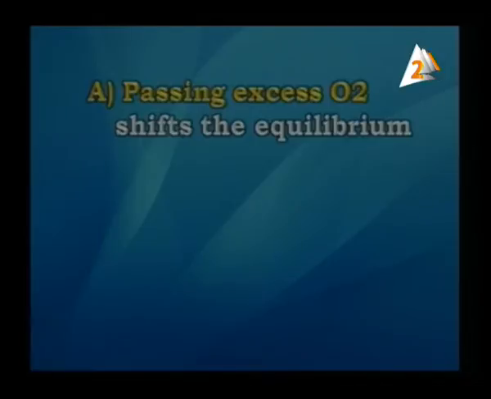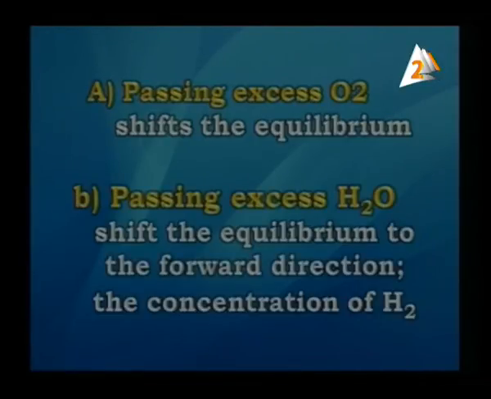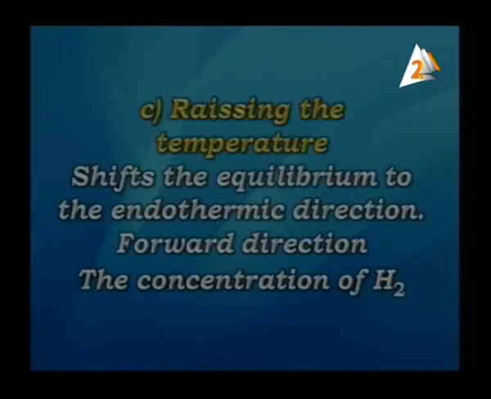Let's go to C. For the first, passing excess oxygen shifts the equilibrium. Passing excess oxygen shifts the equilibrium, and passing excess H2O shifts the equilibrium to the forward direction, increasing the concentration of H2. So here letter C, raising the temperature, shifts the equilibrium to the endothermic direction, forward.